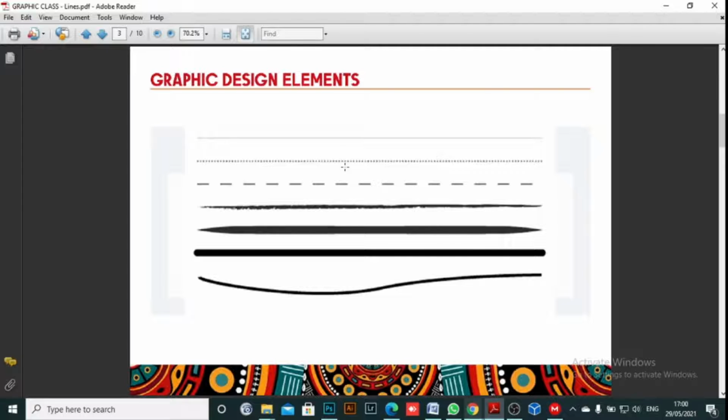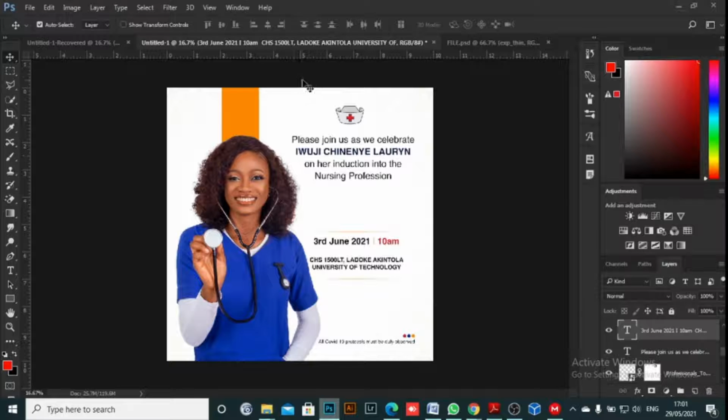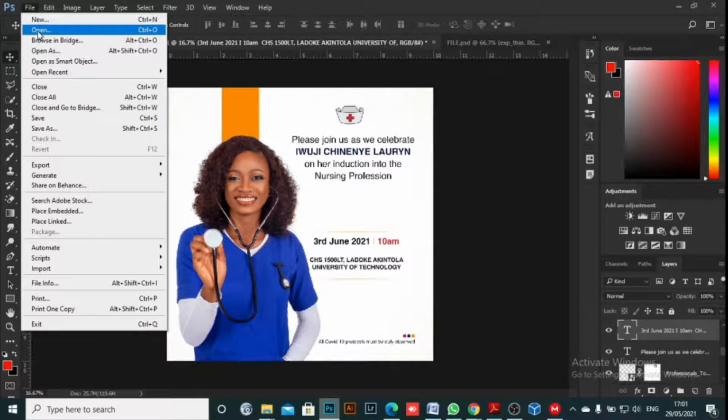Then we have the psychic line. Okay, this is another type of imaginary line, though it differs slightly from the implied line. A great example of this is when you have a series of arrows like this.